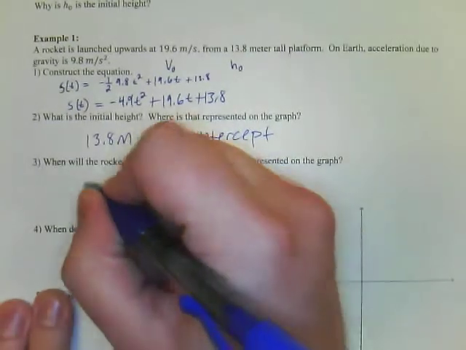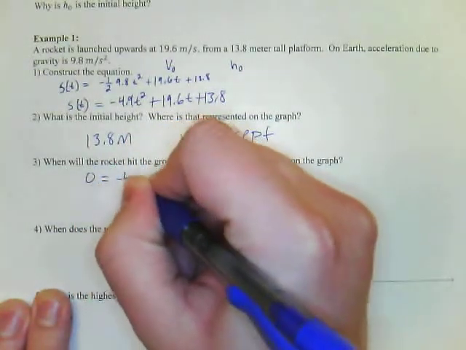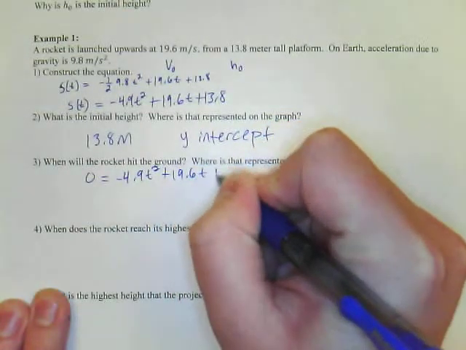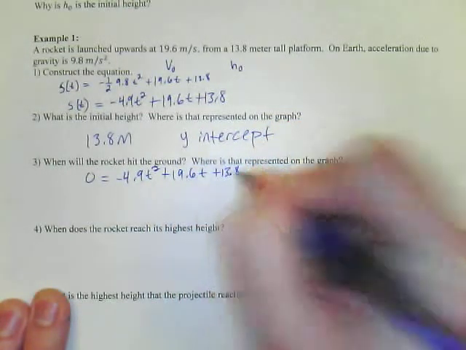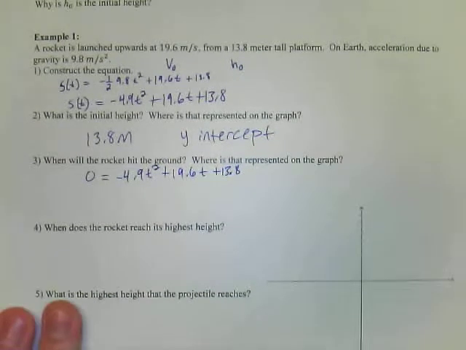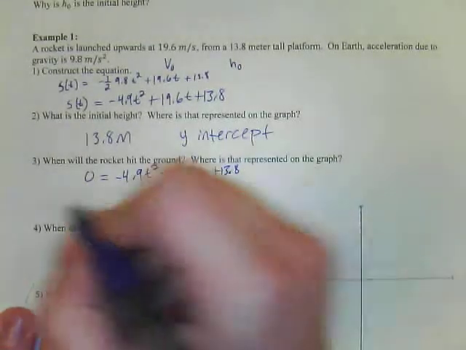And so what we can do is say 0 then equals negative 4.9t squared plus 19.6t plus 13.8. And then to solve this equation, you could either complete the square or use the quadratic formula. I'm going to use the quadratic formula because that's way easier.